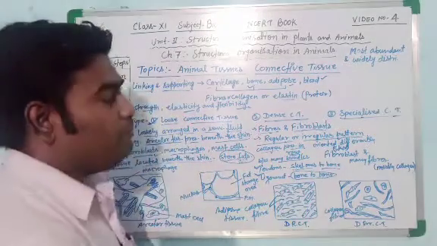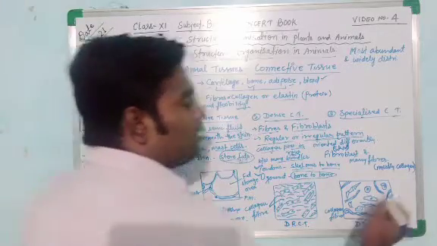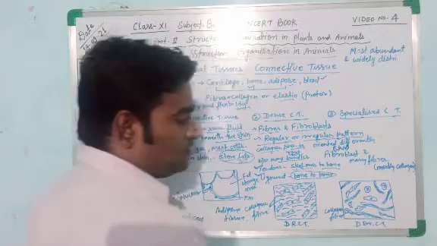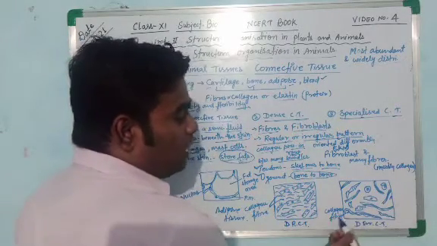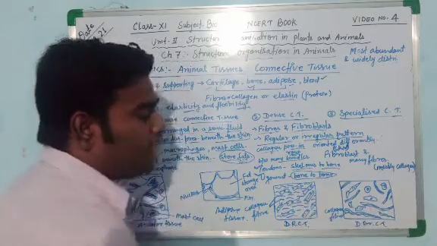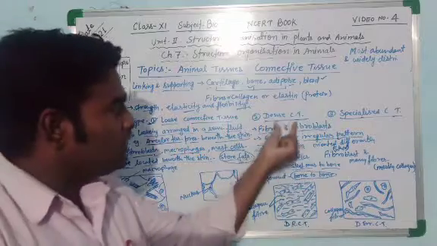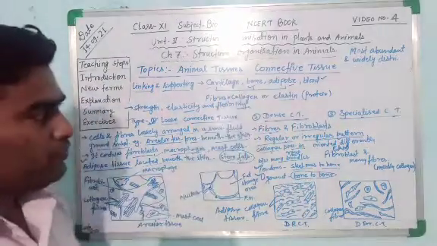They have many fibroblasts and fibers, which are mostly collagen. This is the structure of dense irregular connective tissue, with irregular patterns of collagen fibers. So this is about dense connective tissue, the second type of connective tissue.